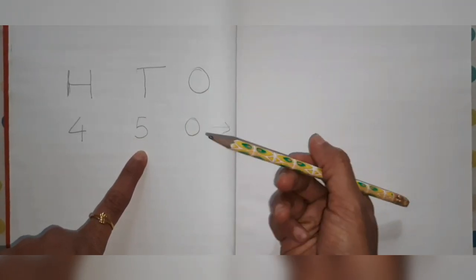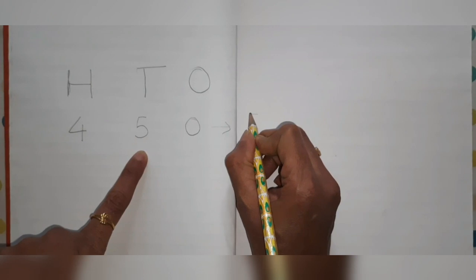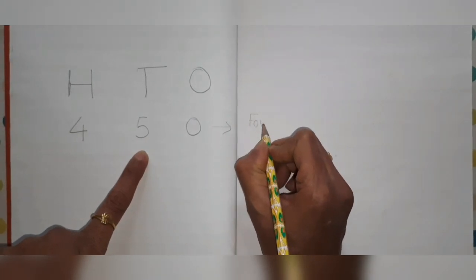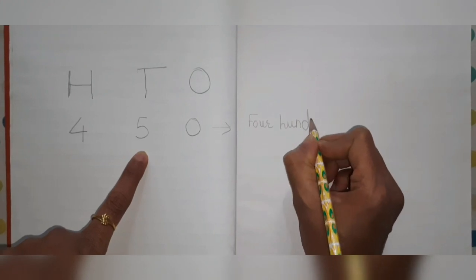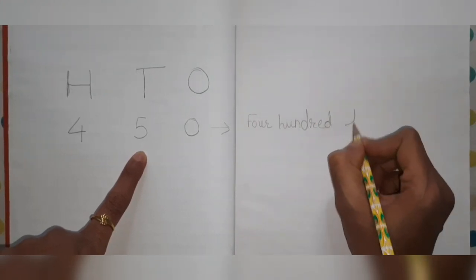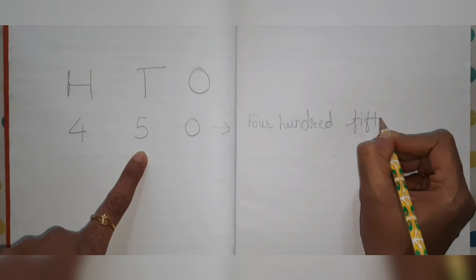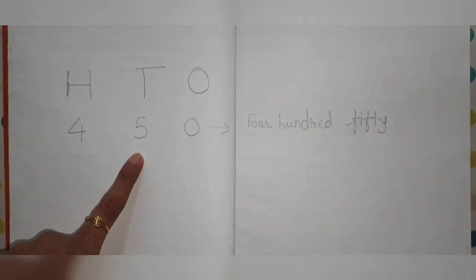And 0 ones is there, so nothing is there. So what do you write here? 400 50. Like this way we have to read.